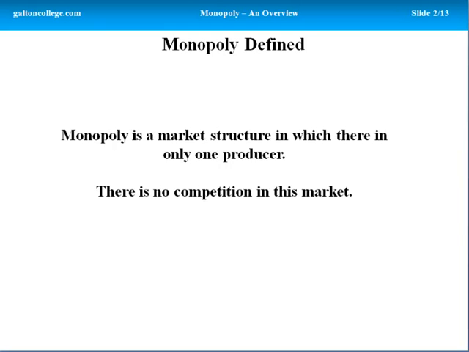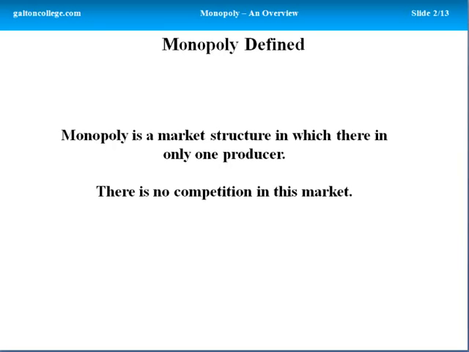That's the perfectly competitive model, running all the way through to monopoly, in which there is no competition, a single producer. Now what we want to do in this session is to talk about the implications of having a monopoly and see what we can discover about monopolies from this discussion.